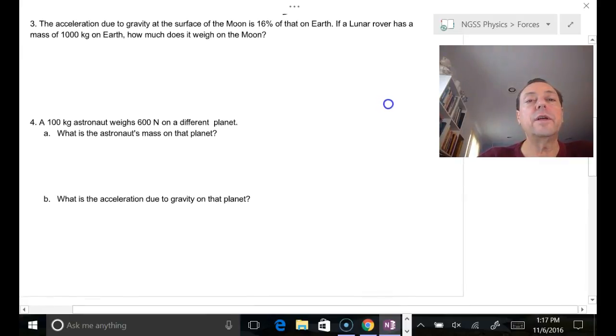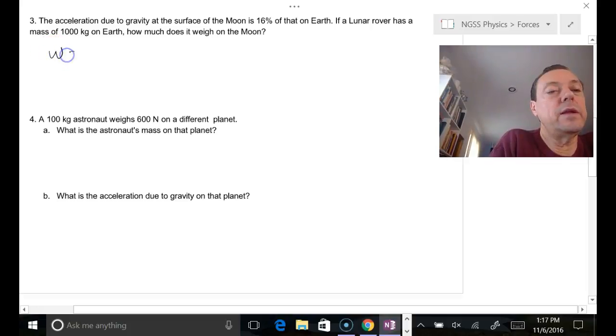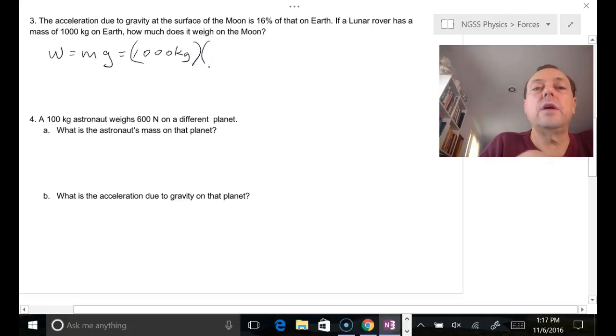The acceleration due to gravity on the surface of the moon is 16% that of Earth. If a lunar rover has a mass of 1,000 kilograms on Earth, how much does it weigh on the moon? Well, weight is mass times gravity. This is 1,000 kilograms mass, and the acceleration is about 1.6 newtons per kilogram.